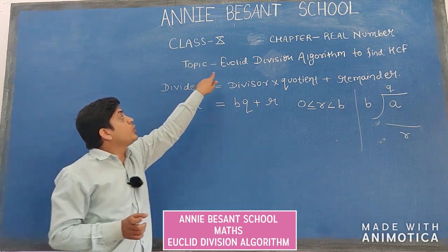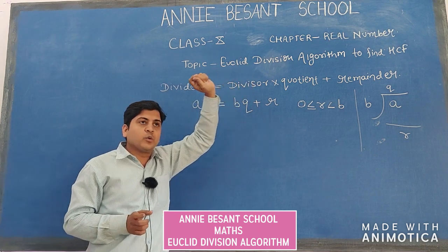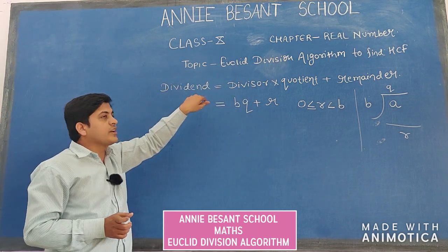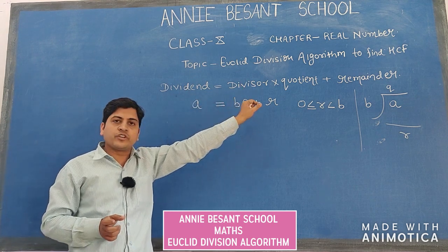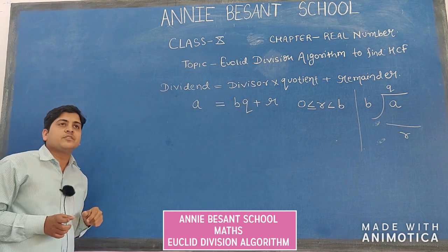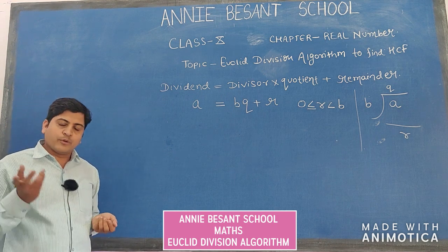Why are we using Euclid division? Here Euclid division means we already know the concept that dividend is equal to divisor into quotient plus remainder. This is a very simple concept from previous classes.